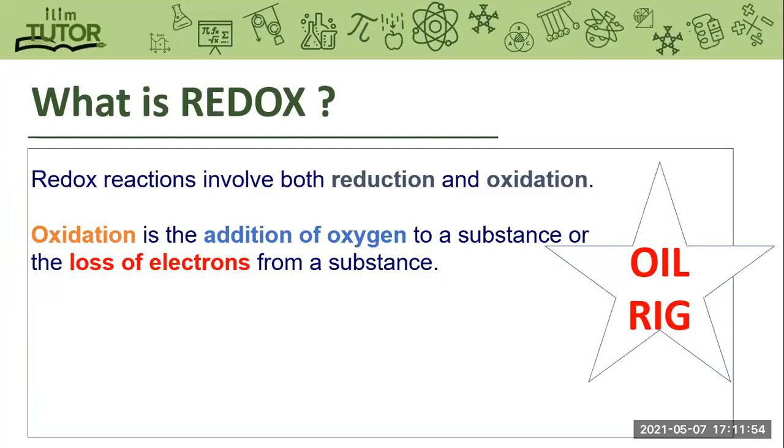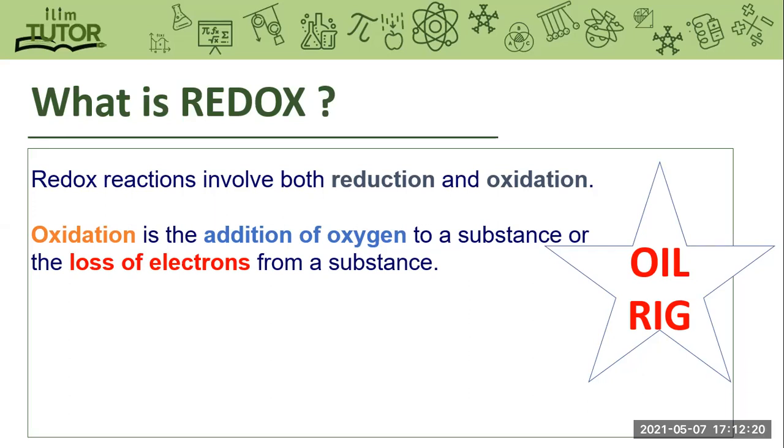So what is redox? Redox reactions involve both reduction and oxidation. A redox reaction is different from a molecular equation. In a redox reaction, there must be reduction and oxidation. And what is oxidation? You can be asked to define oxidation in terms of oxygen.